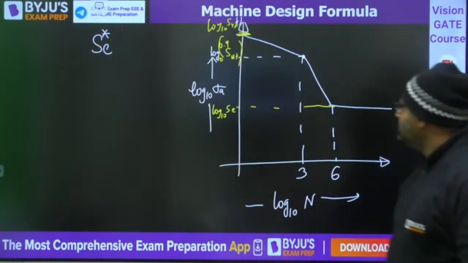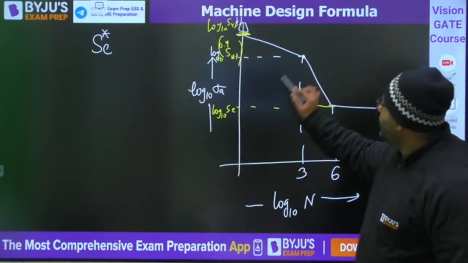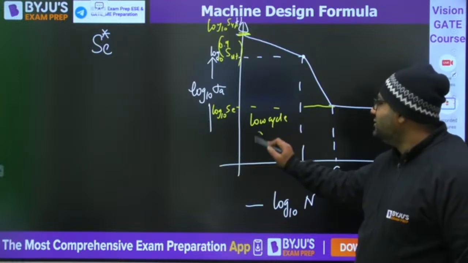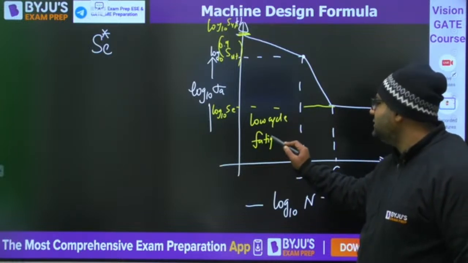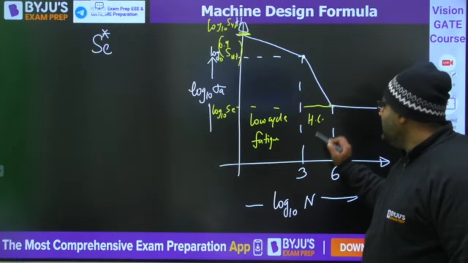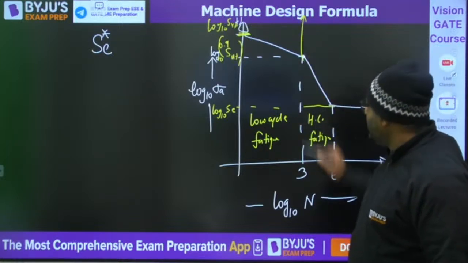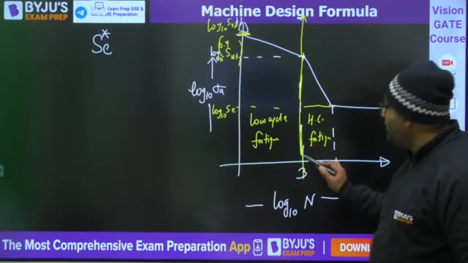Very good, Shreyas. So generally we call this low cycle fatigue, and this is going to be high cycle fatigue. Generally we use the high cycle fatigue. And how to do the question for that?